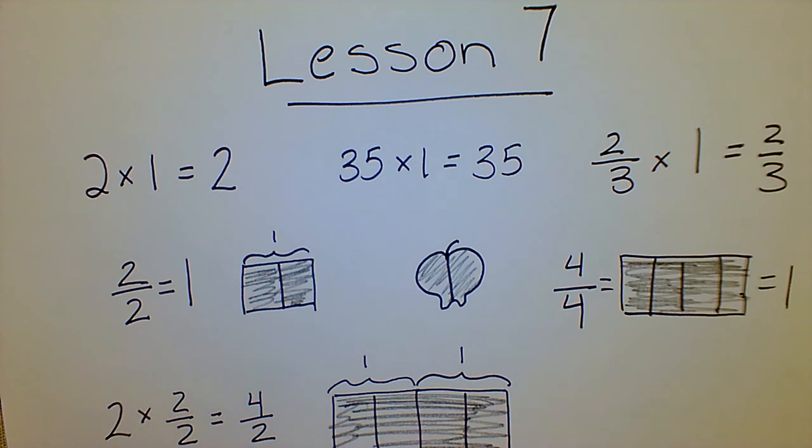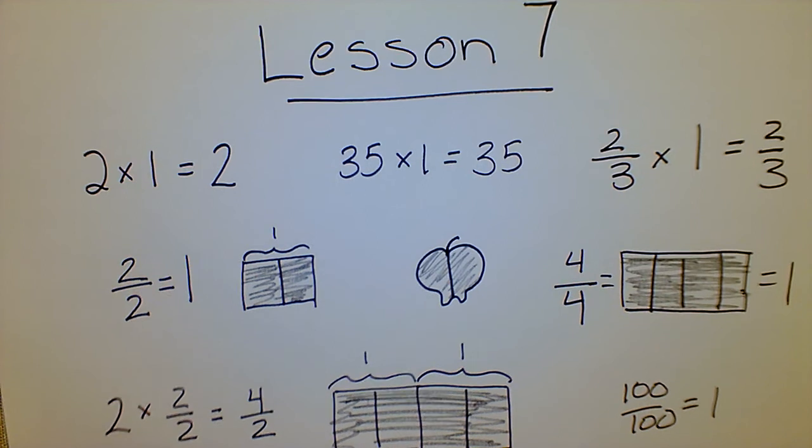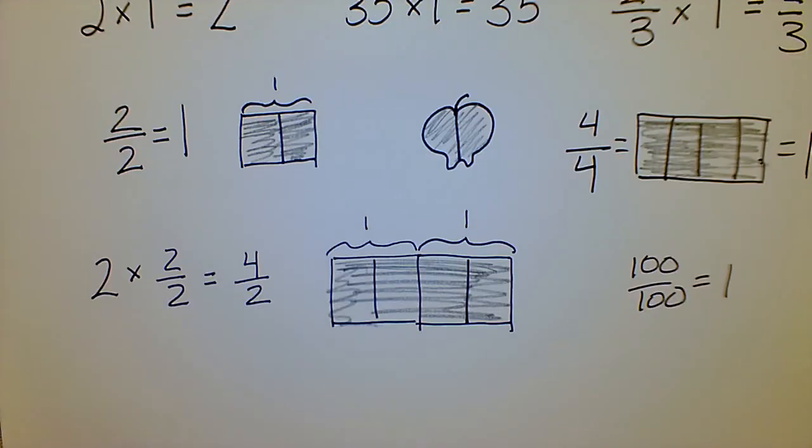So this is showing you that as long as I multiply by a fraction that is equal to 1, so 2 over 2 is equal to 1, 4 over 4 is equal to 1, 100 over 100 is equal to 1, you're not changing the actual value of your number or your fraction. Now, why would we want to do this?